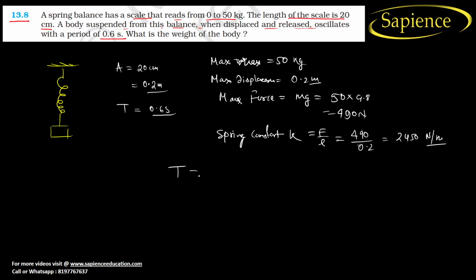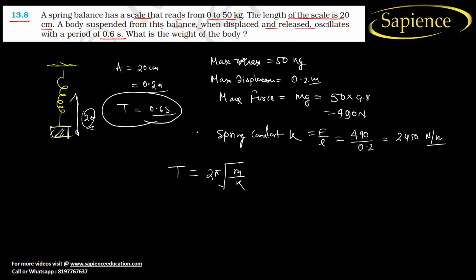Now we know that time period is equal to 2 pi root under m by k. Basically, if 50 kg is the mass, maximum displacement will be 20 centimeter, and for this there will be a different time period. Now they have given a time period of 0.6, and we want the weight.